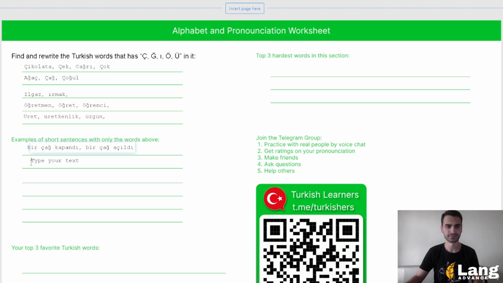Ağaç. Gather apples from the trees. Lar.